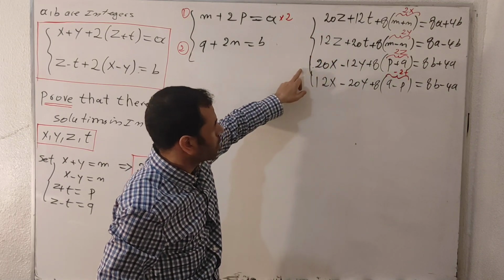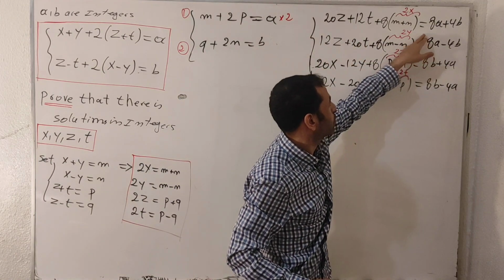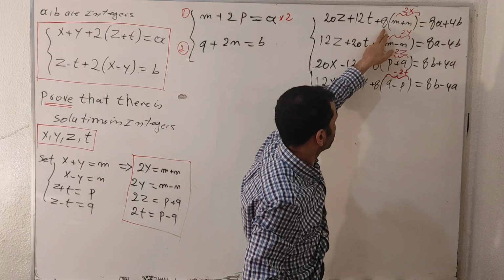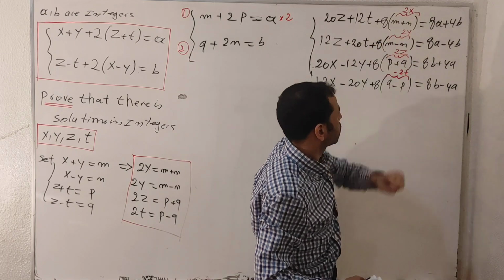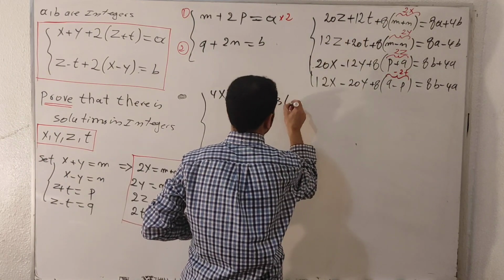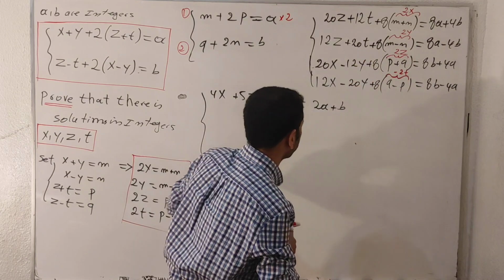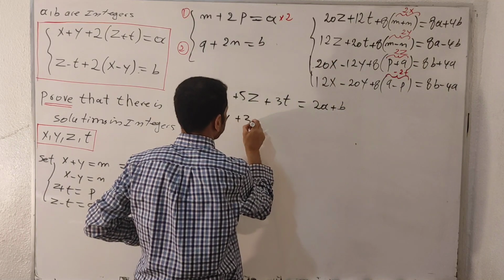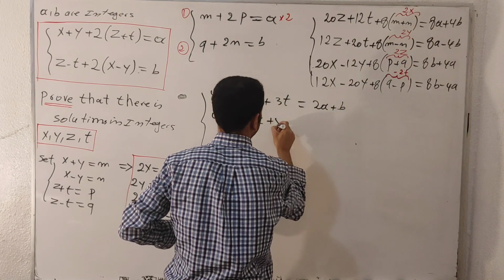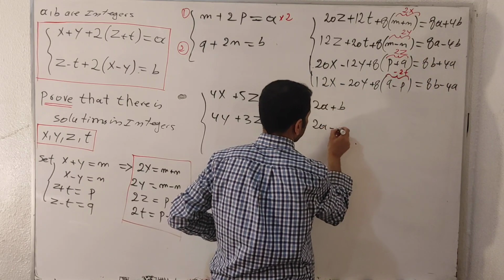Now I'm going to simplify this one and do the same job at a time. First of all, I'm going to divide both sides by number 4, putting x as the first variable. So we'll have here 4x plus 5z plus 3t equals 2a plus b. We'll get here 4y plus 3z plus 5t equals 2a minus b.